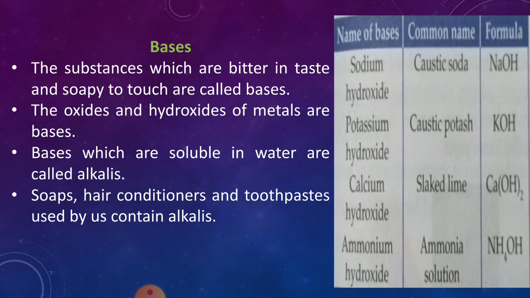When these acids get mingled with the water of rain, this rain is called acid rain. This rain is very harmful for buildings and monuments. It can cause great damage to monuments and buildings, and it can damage plants and animal life also.